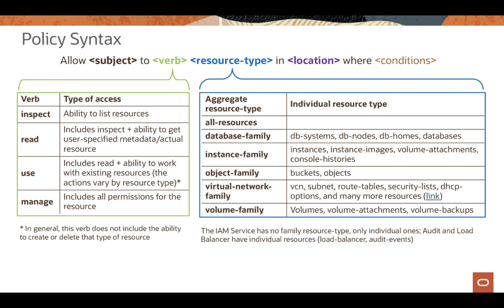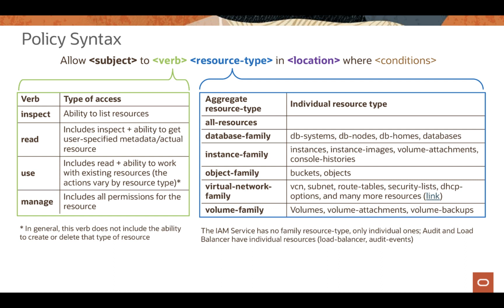After you have put in the right subject or subjects, you specify the verb that you want to use based on the type of access. The four verbs are inspect, read, use, and manage.